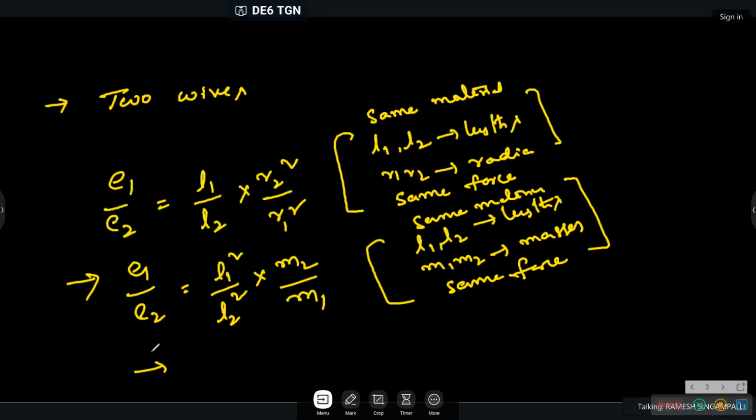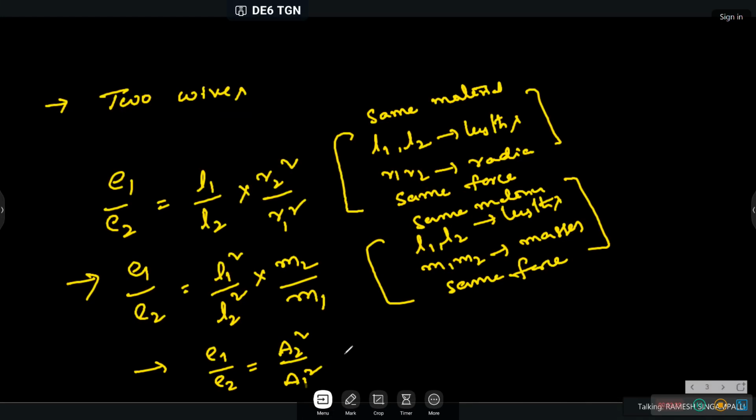Two wires, same again. Same material and what is that? Same volume. Right now, two wires of same material and same volume, having areas of cross section A1 and A2, are subjected to the same force.